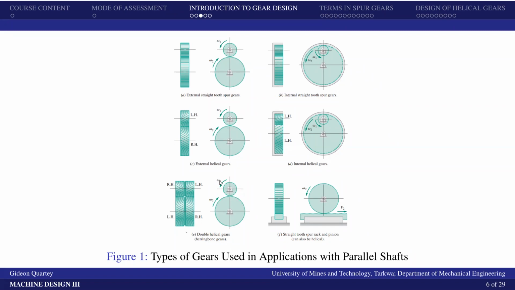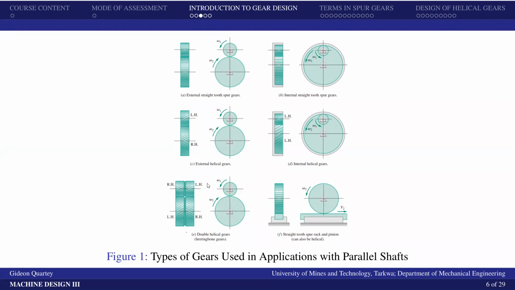Then we also have the double helical gears, which are also called herringbone gears. Herringbone gears are also used in applications where we have a parallel shaft arrangement. The herringbone gear is similar to the helical gear, but here we have double helical, as we have helical teeth on two sides of the gear wheel.